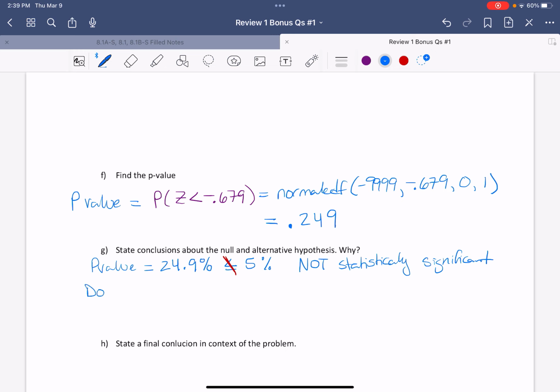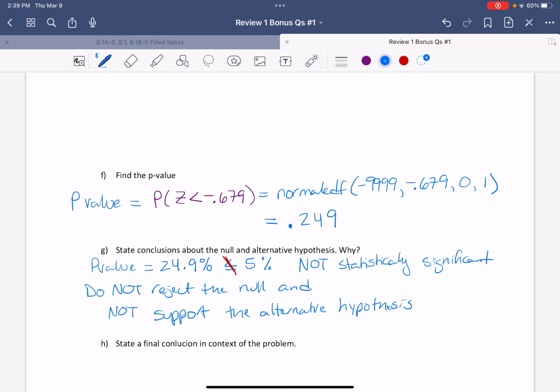We do not reject the null. And do we support or not support the alternative? Do not support. And not support the alternative hypothesis. That "not" is going to get me all the time.